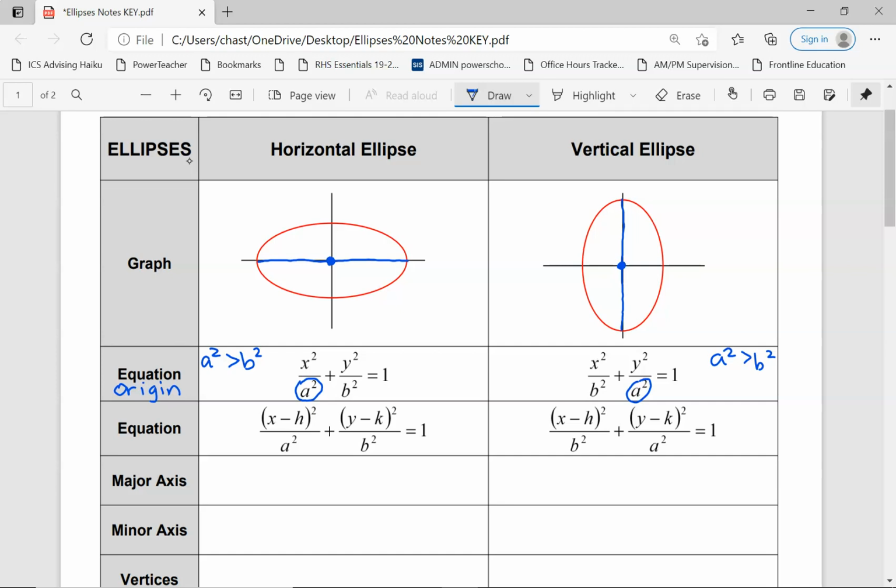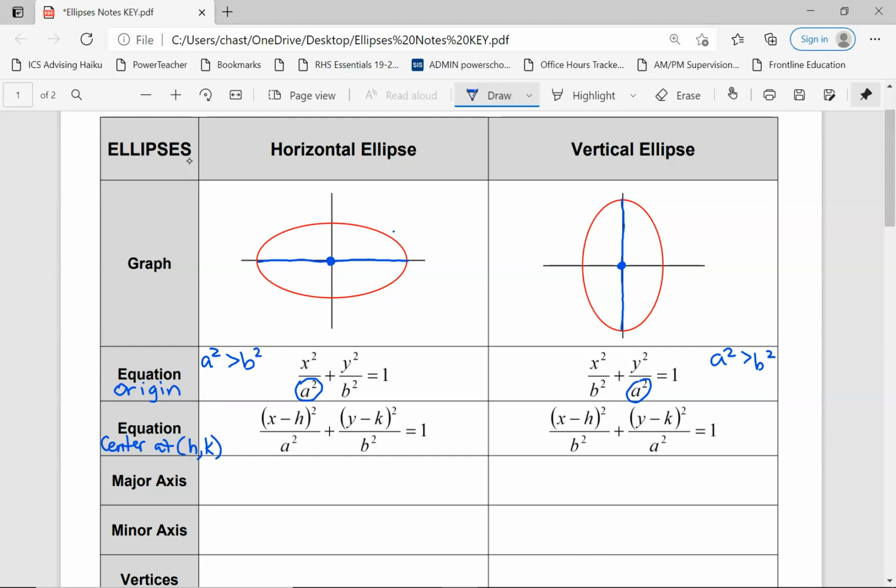Now, as we saw with circles, not all ellipses are going to be centered at the origin. If you look at these next equations, they kind of look like our circle equations, except we have denominators. These are going to be equations where the center is at h comma k. Same rules apply if the center is just somewhere else.